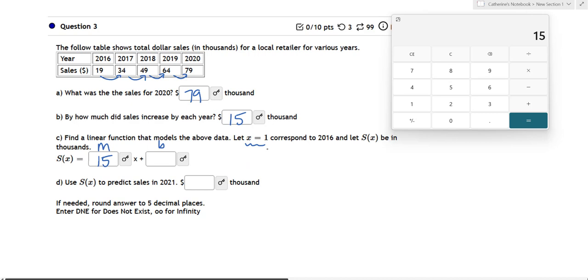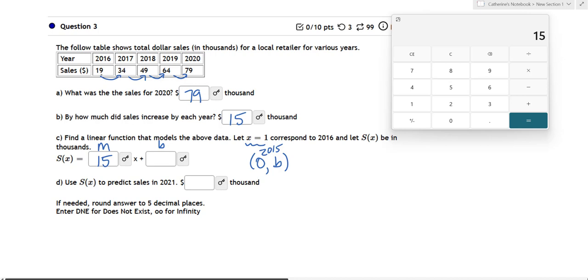So our b, we actually need to back this up, kind of like in the previous one, because we need to figure out for the b what the sales were in 2015, right? Because x equal 1 corresponds to 2016, so x equals 0 would be 2015.